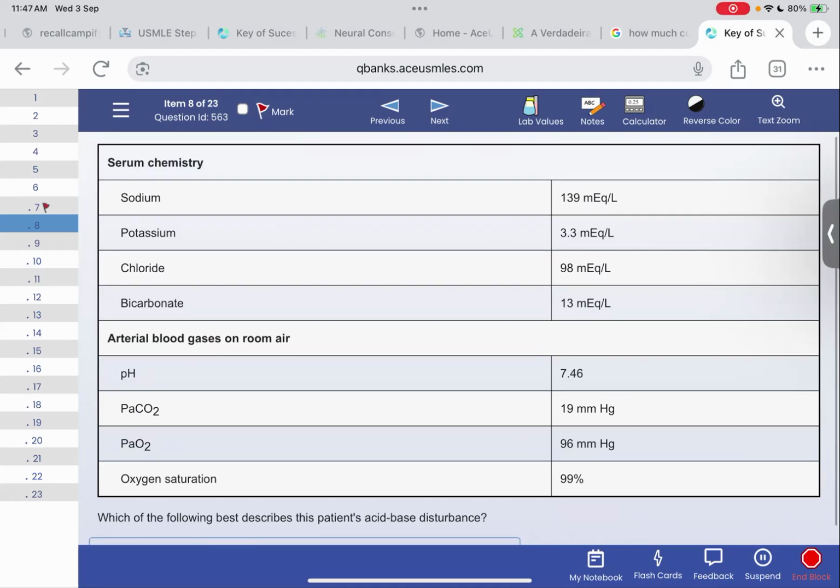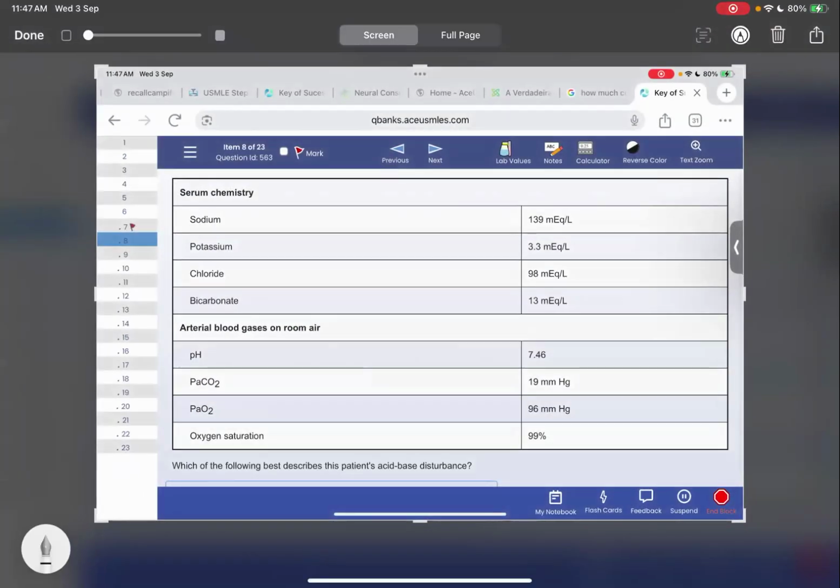So look into the ABGs. We have sodium this much, chloride, bicarb, pH. We have important findings. The pH is 7.46, increased, right?